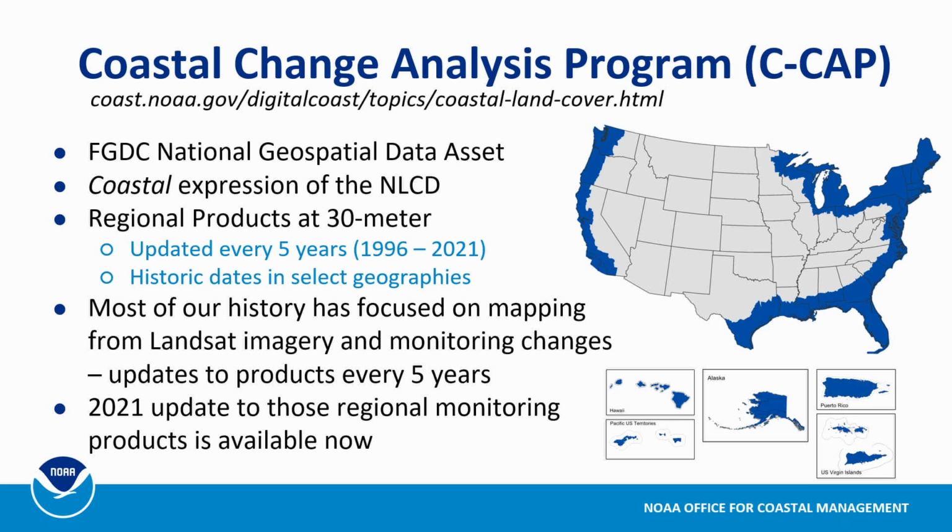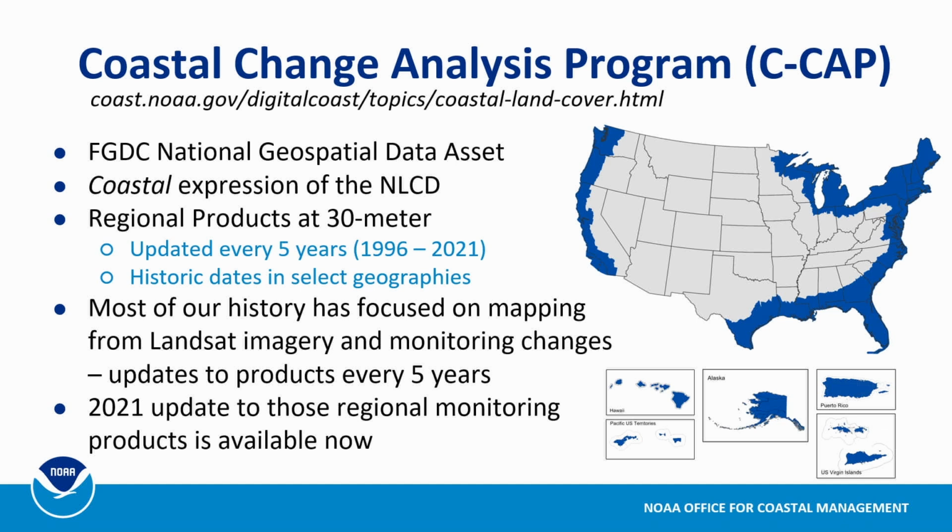It is an official FGDC National Geospatial Data Set, and typically it's been regional products at 30 meters. Historically, we've updated them every year from 1996 to 2021. You may be familiar with our Land Cover Atlas, where you look at change over time for those products.